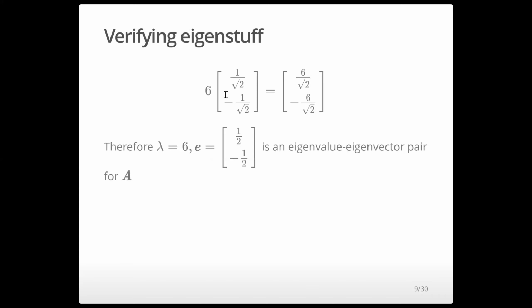If we multiply 6 by the eigenvector, we get the same result as if we multiply the matrix by the eigenvector. So therefore, our eigenvalue is 6. That should be 1 over square root 2, not 1 over root 2. That's a typo. I will fix that. So these should be square root of 2, not 2. But that satisfies an eigenvalue-eigenvector pair.